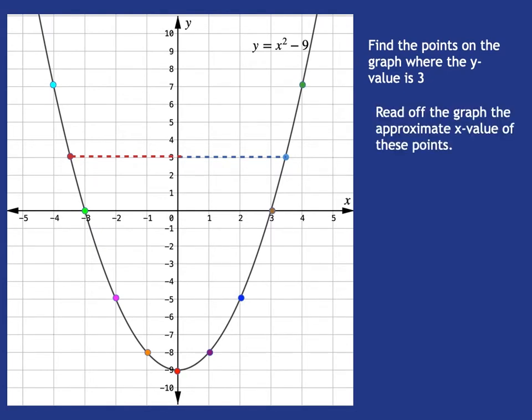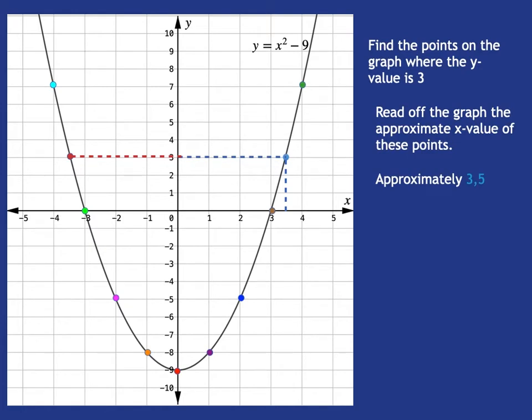We can then try and see, well, approximately what x value goes with it. Because remember, for each of these points on the graph, there's an x value together with a y value. Here the y value is 3. What is the x value? Well, if I come from that blue dot and just look at the x value that's going with it, it looks like it's about 3.5.